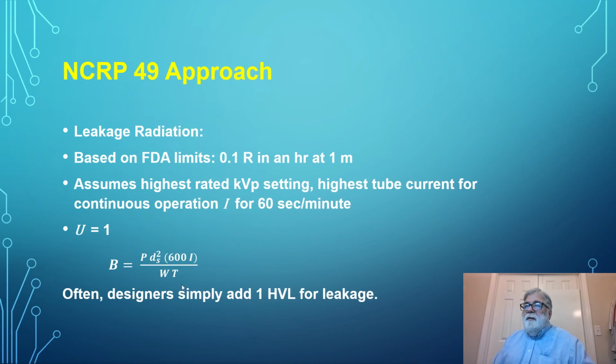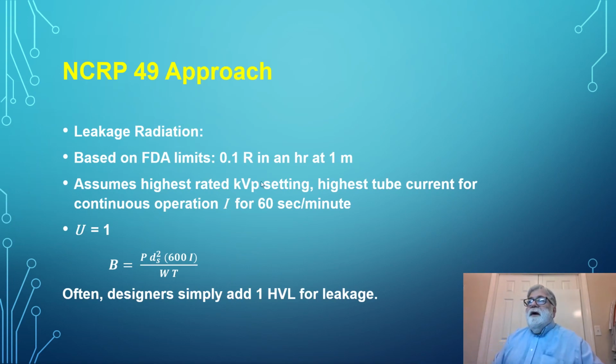The occupancy at the point we're interested in is T. And it turns out that in most cases, the HVL for the leakage is equal to our radiation from the scatter. And so if you simply add an HVL, it accounts for the leakage to whatever is determined for scatter.